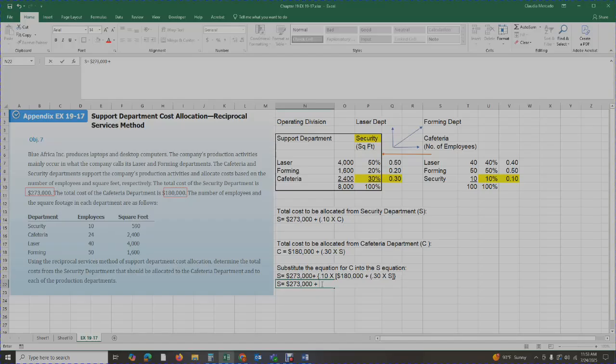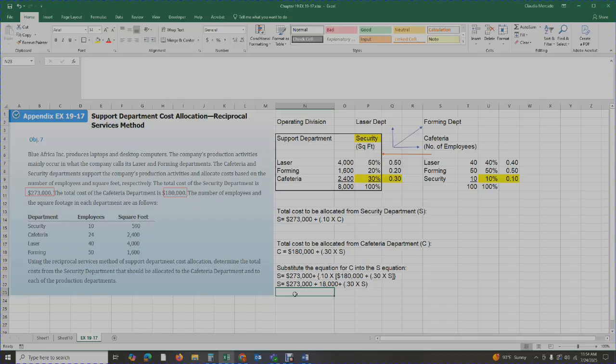So we're going to do 18,000 plus 0.30 times S gives me 0.30 S. Let's keep it like this, and then we close it right there. So all I did here was multiply the 0.10 times the 180,000. That gave me 18,000, and then I bring in the rest of the equation as is.